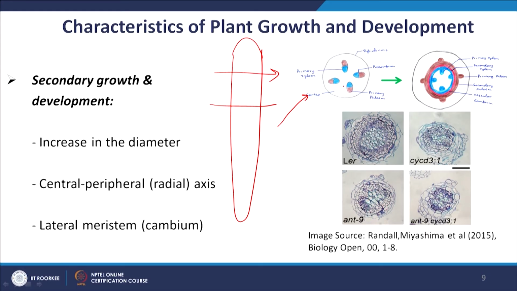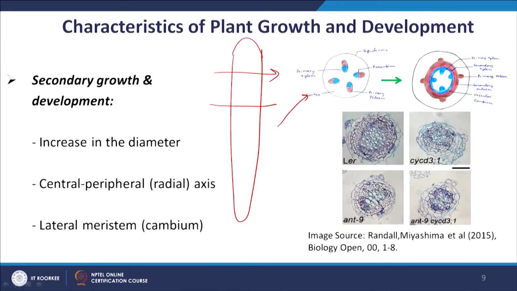But what happens when a decision is taken that the plant should now enter the process of secondary growth? Typically this happens when primary growth has been achieved significantly, so that the plant can sustain secondary growth.